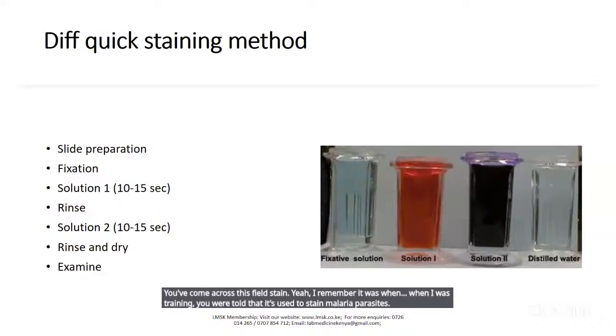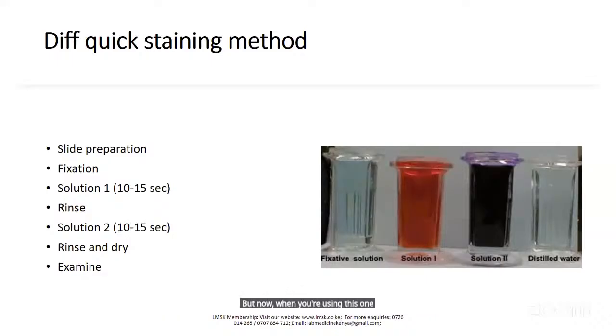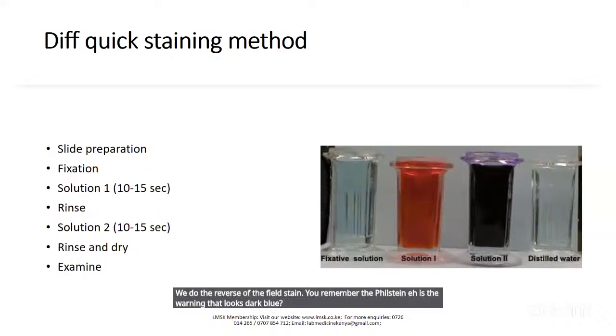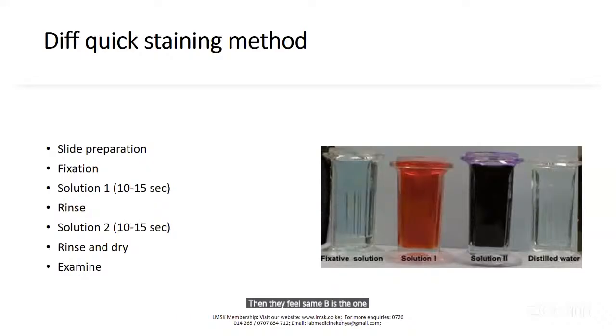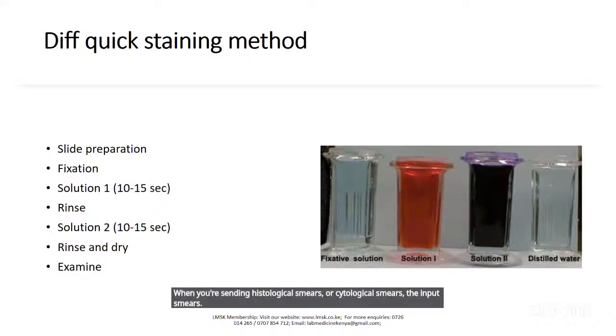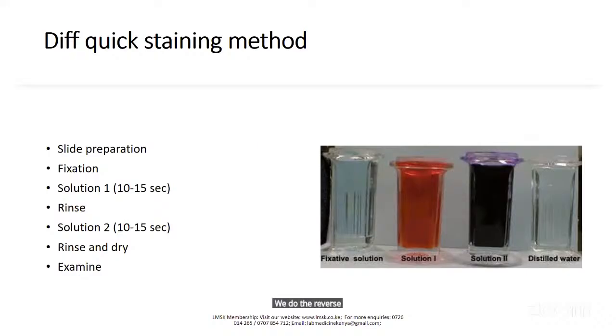But now, when you're using this one in histology for the diff-quick staining method, we do the reverse of the field stain. You remember the field stain A is the one that looks dark blue. Then the field stain B is the one that looks orange. When you're staining histological smears or cytological smears, the imprint smears, we do the reverse of the field stain.